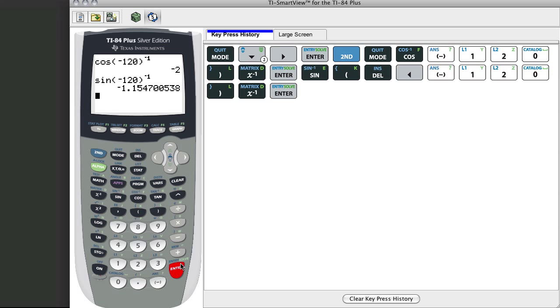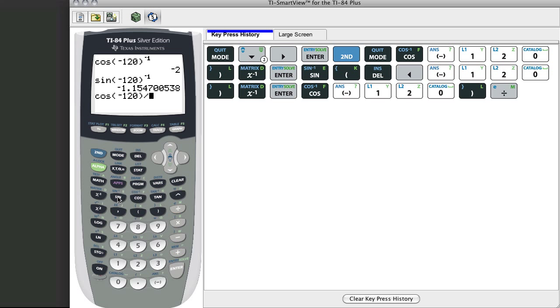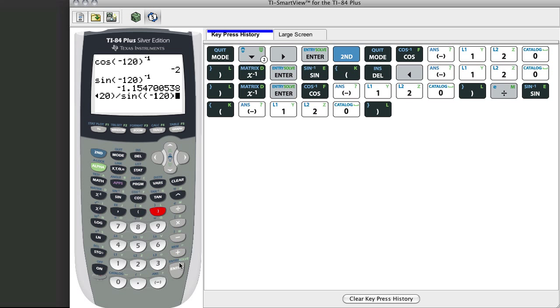Cosecant of negative 120 degrees is negative 1.15, and then the cotangent is again cosine over sine, so I need cosine negative 120 divided by sine negative 120, and I get an answer of 0.577. So transferring those back to the other page.